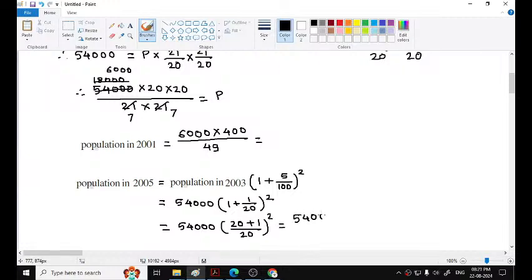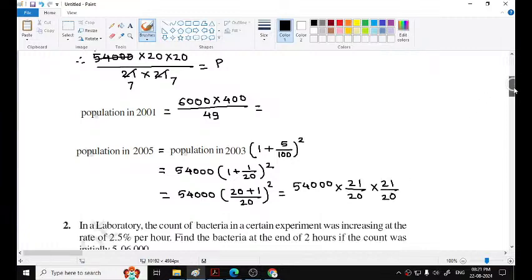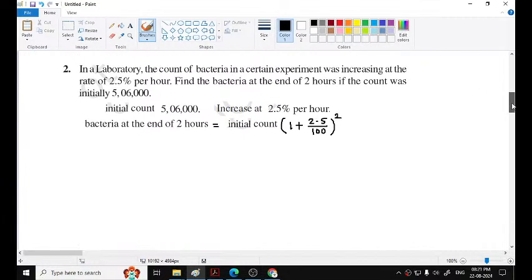So this is 54,000. This square is for 2 years into 21 upon 20 into 21 upon 20. Please complete this calculation and get the answer of second part.